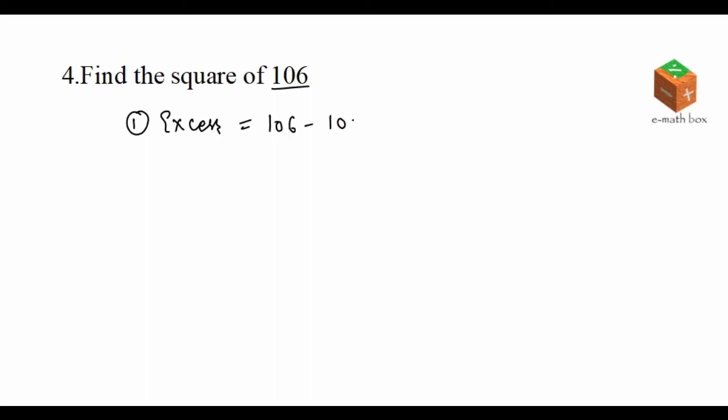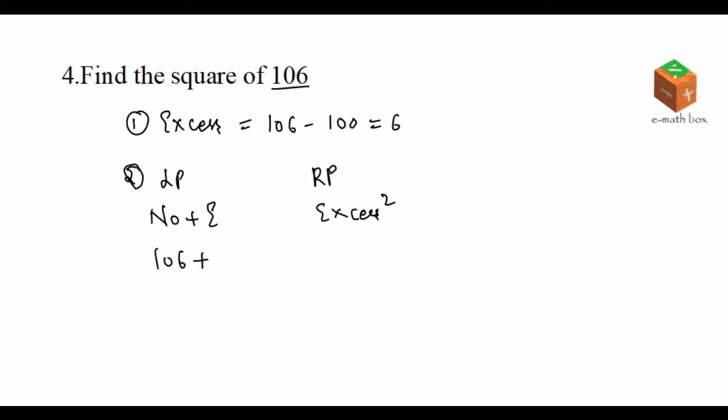Left part is the number plus excess, and the right hand side part is excess square. So the number here is 106 plus the excess 6, which gives you 112. And x square, which is 6 square, you will get as 36. So finally you can combine the answer and write it as 11236.